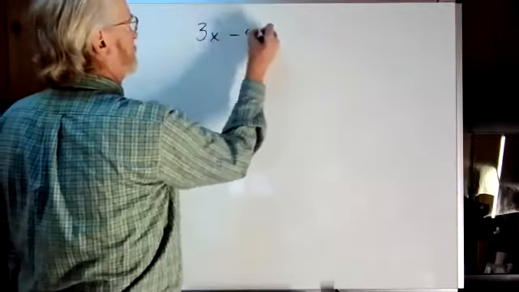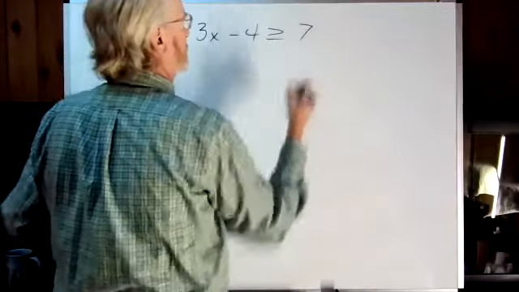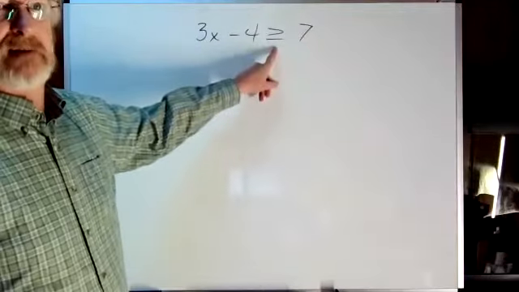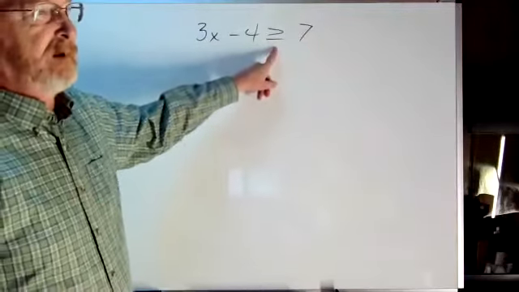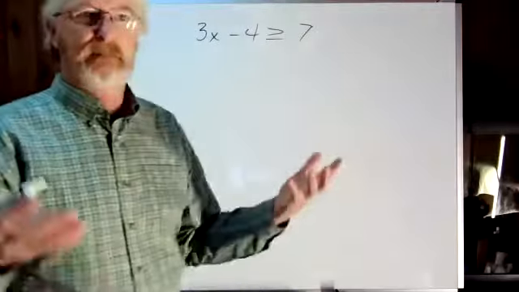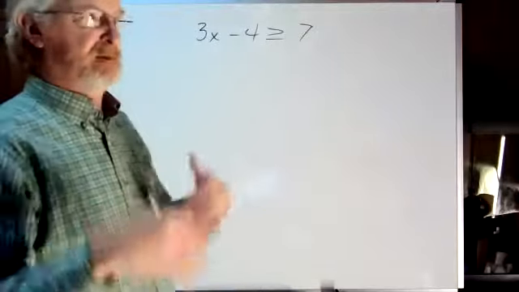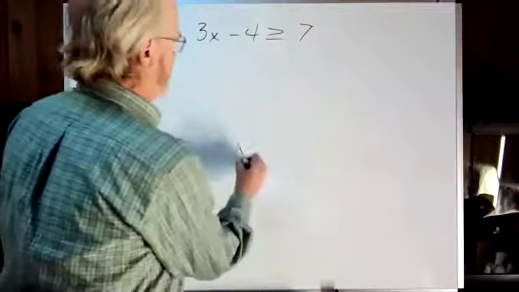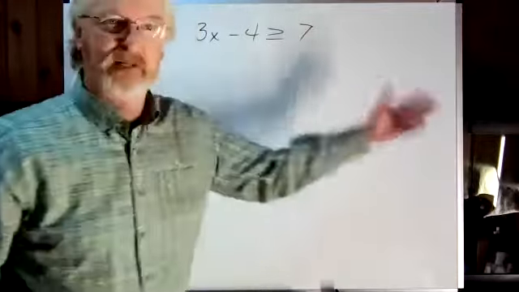Then our inequality statements are going to look just like all the different equation complications that we've worked with, except it's going to have an inequality statement in it rather than just an equal sign. We're going to use all the exact same solving steps, add or subtract, multiply or divide, in order to boil that down to something that says x is greater than or equal to whatever we get.